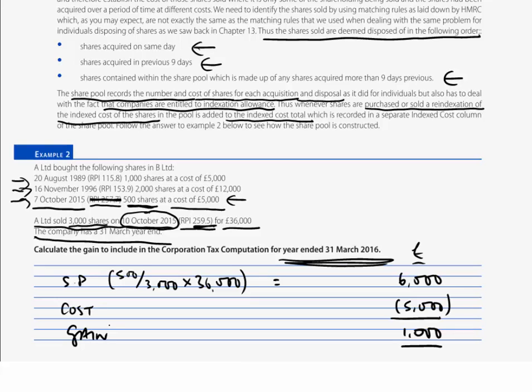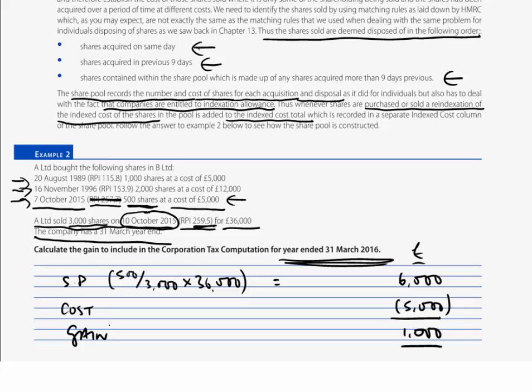So, applying the rules of identification, nothing acquired on the same day, one acquisition within the previous 9 days, as much as there will ever be, it is a straight comparison of the proceeds of this sale attributable to those 500 shares, less specifically their allowable cost, and that's it. If the cost is less than the proceeds, it is a gain, otherwise an allowable loss.